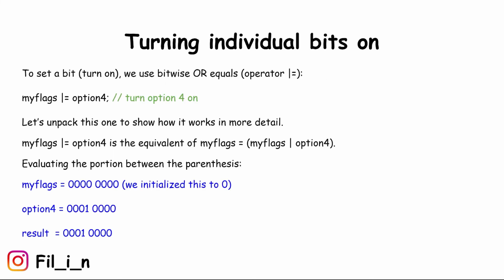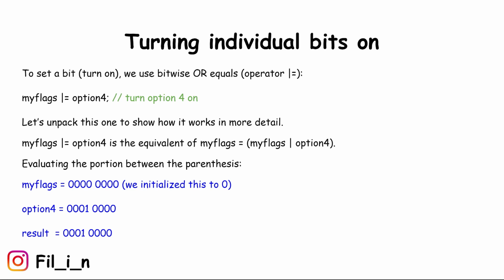To set a bit, turn it on, we use bitwise OR equals, operator |=. myflags |= option4; // turn option 4 on. Let's unpack this one to show how it works in more detail. myflags |= option4 is the equivalent of myflags = (myflags | option4).